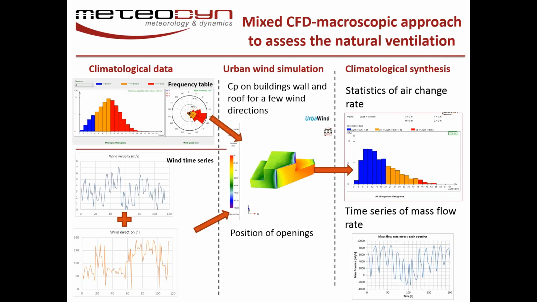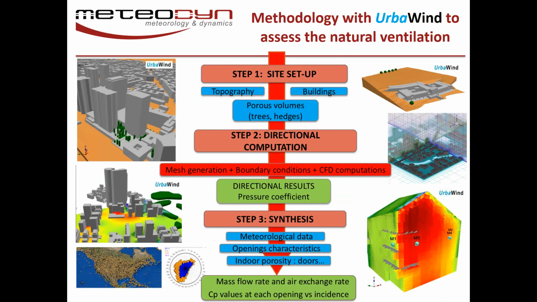From that, you can assess the natural ventilation potential. Once you get your climate data, you can compute your CP, give the position of the openings, and finally get the statistics of the air change rate. You can also export time series of mass flow rates.